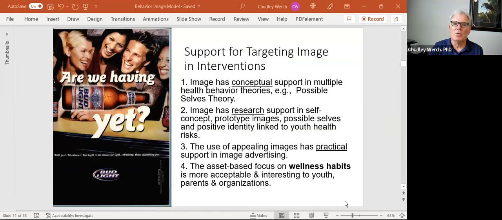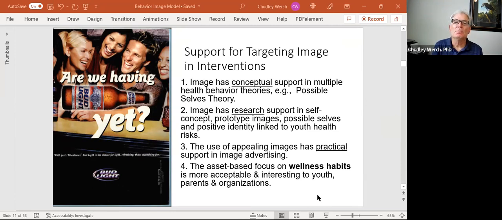Now, what's the support for targeting images, generally speaking, in programs or interventions? Well, there are three very powerful sources. Number one, plenty of conceptual support. In other words, theoretical support like possible selves theory that has identified and listed image as a main contributor to decision-making about health behaviors.